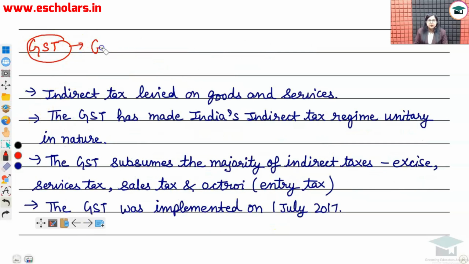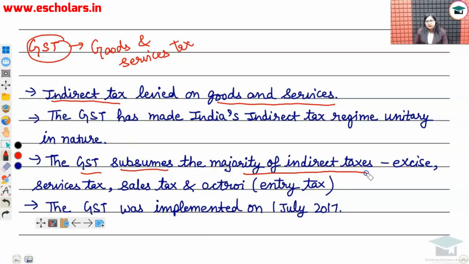Now students, we will talk about GST. GST stands for Goods and Services Tax. We all know that it is an indirect tax which is levied on goods and services. With the introduction of GST, the GST has replaced, or you can say subsumed, the majority of indirect taxes such as excise, services tax, sales tax, octroi, that is entry tax, right?